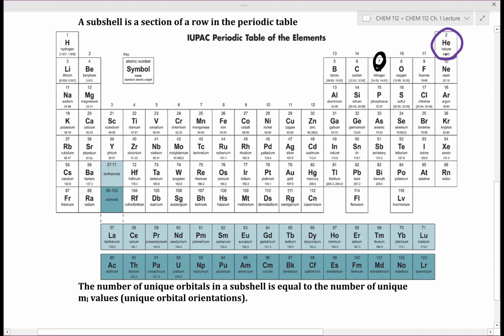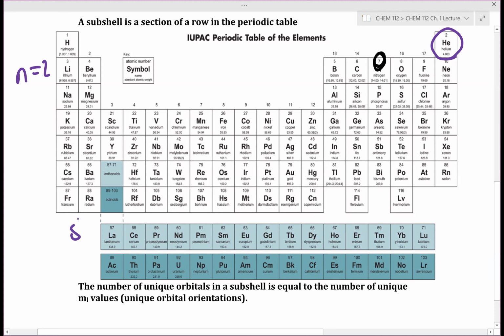Now, before we leave the periodic table, let's take note of a few things. What row is fluorine in? What is the N value of fluorine? 2. So this is N equal to 2. And looking at fluorine, if this left-hand set of 2 elements is our S block, are we past the S block? Yes. So we are past the S block.